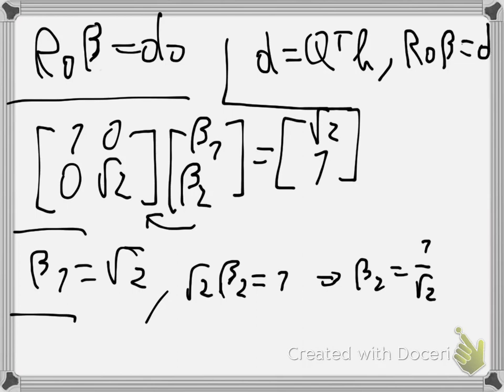For R0 you only take the rows that have at least one non-zero element. Otherwise, they don't help us. They give you no more information to find the betas or the x's. And you cut the same number of rows from d to get d0, and then you solve your least squares problem.